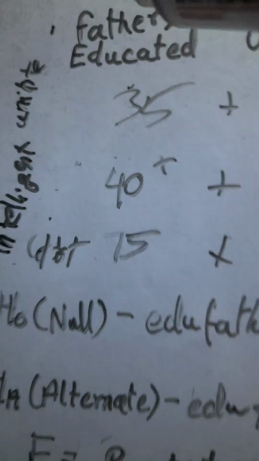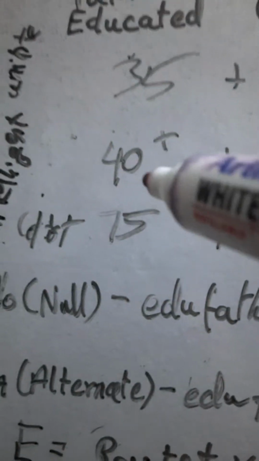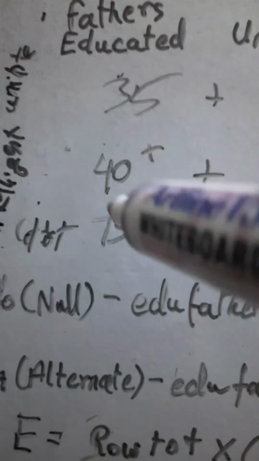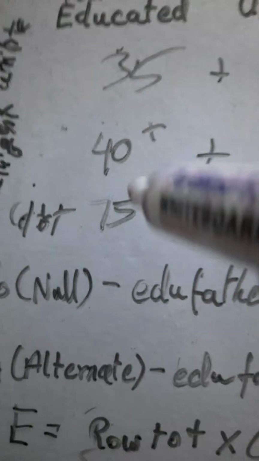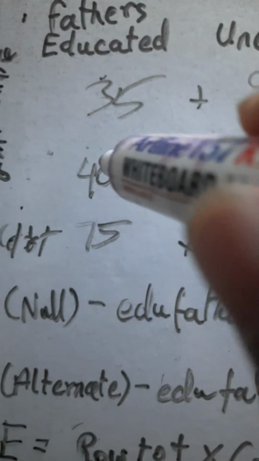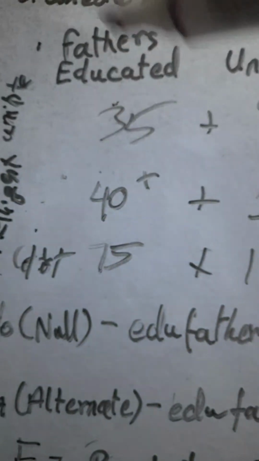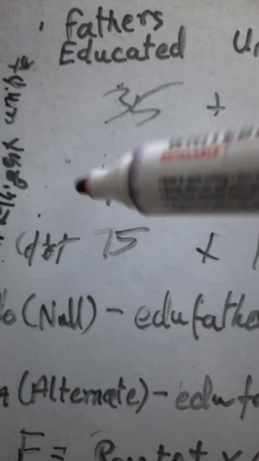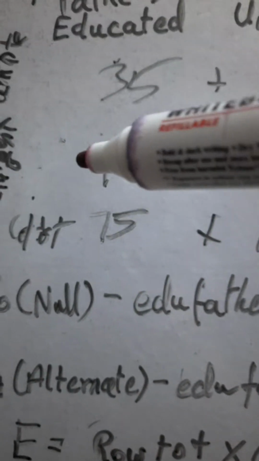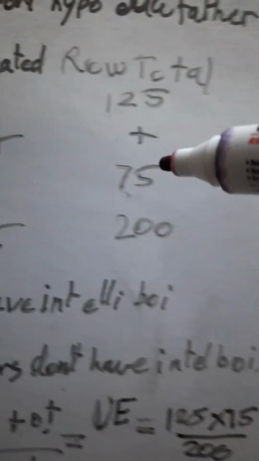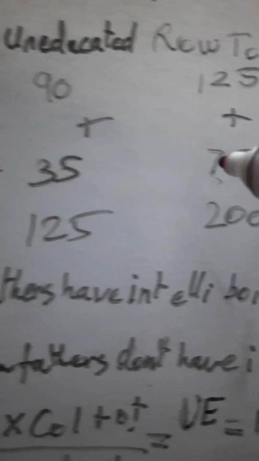So it is column 1, vertically column 1. So let's vertically go, column total is 75. Now horizontally go, this is row 2, because this is first row, second row. So row we have to go horizontally, totally 75.